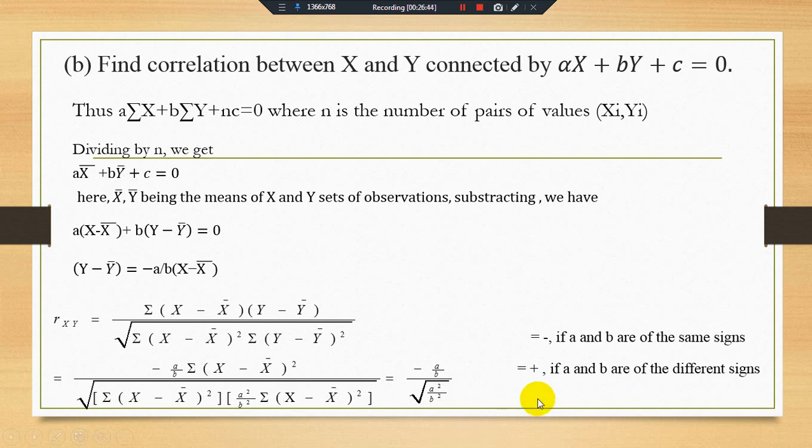So keep in mind that in this situation, if both have the same sign, the correlation must be negative, and if they have different signs, the correlation of group data must be positive. This is the rule for both conditions we have covered here.